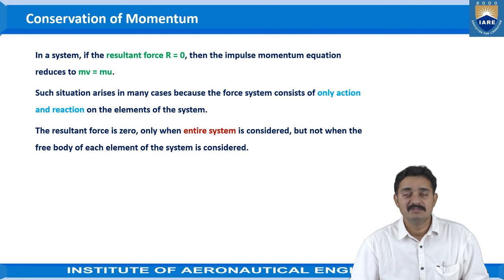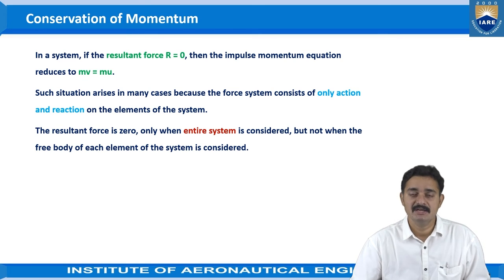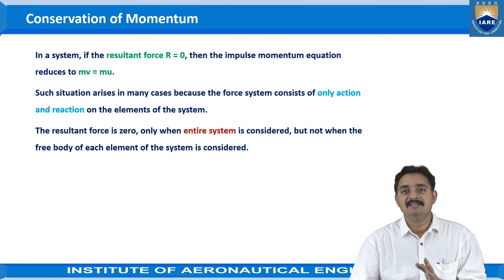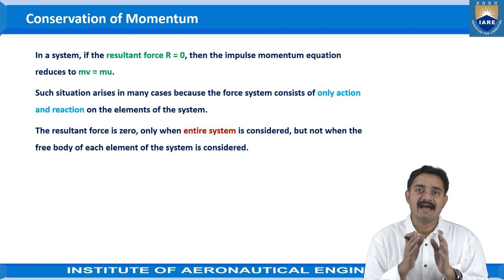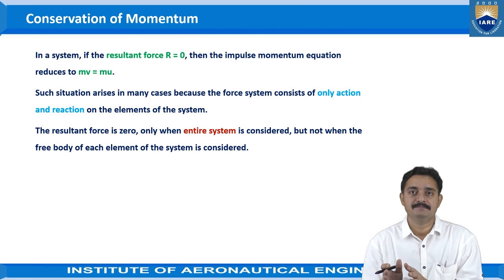The resultant force is 0 only when the entire system is considered. As we have discussed, if we consider both the parts at a time, then only this conservation of momentum will happen. How? Before the action and after the action, we can say action part and reaction part.